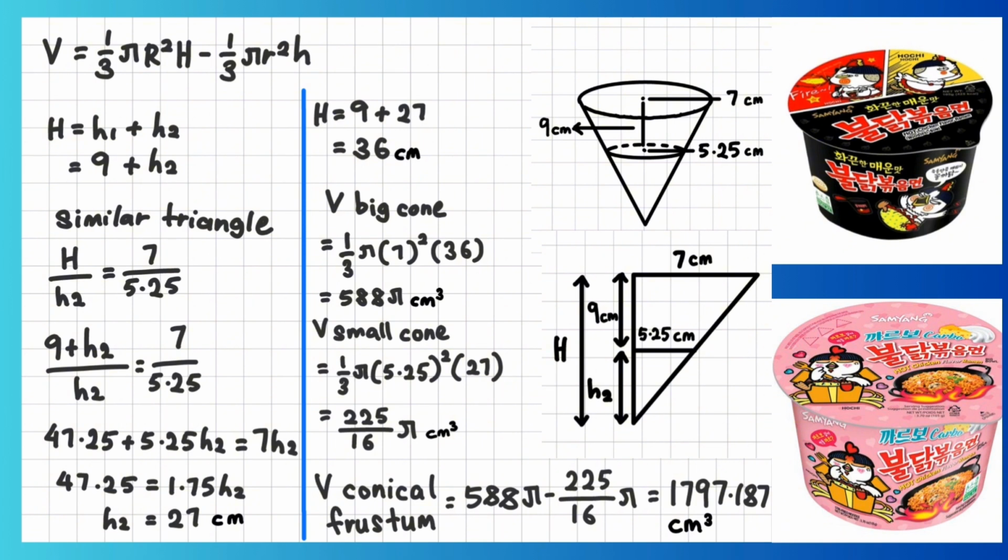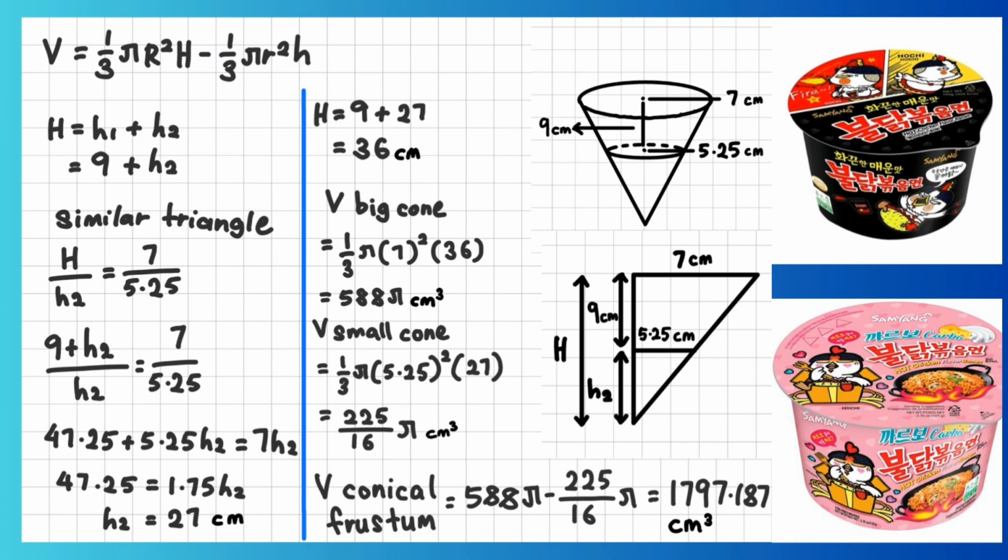And then we get the answer for the volume for the big cone, which is 588 pi. After that, we need to use the same formula to find the volume for the small cone, and then we get the answer 225 divided by 16 times pi.